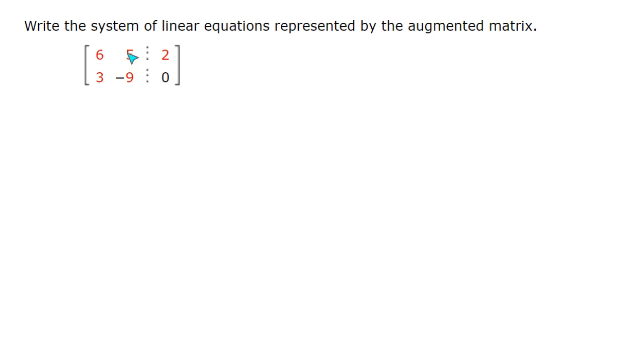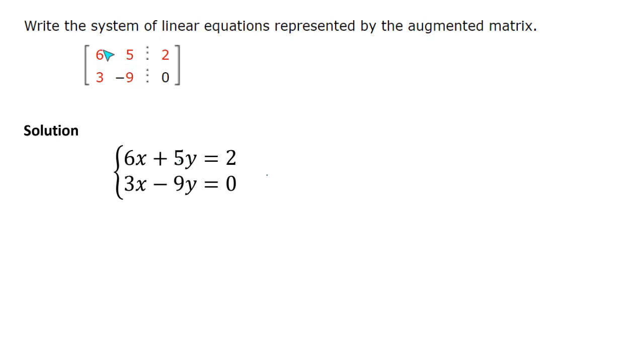I only have 2 coefficients, so I'm going to have 2 variables. They don't specify what variable to use, so I'm going to use x and y. And so my system will look like 6x plus 5y is equal to 2. And then I have 3x minus 9y is equal to 0. And that would be your solution.